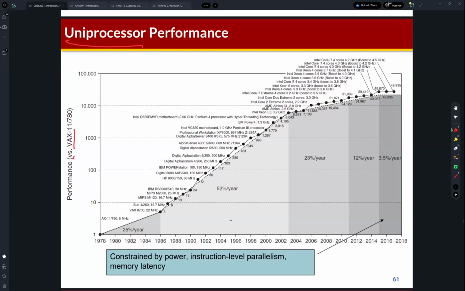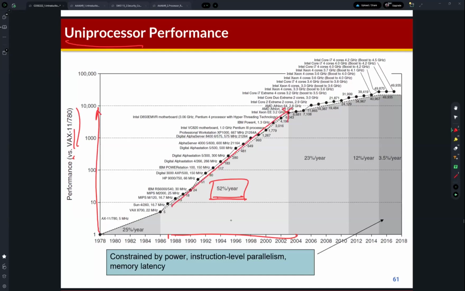It's just the relative performance: we compare the performance of a processor with the VAX. During this period, the performance increased by 52% per year.